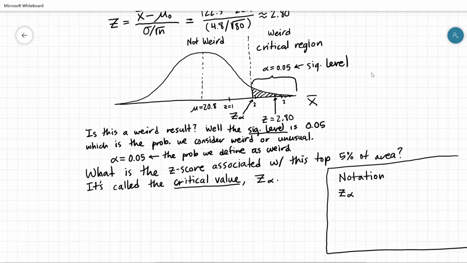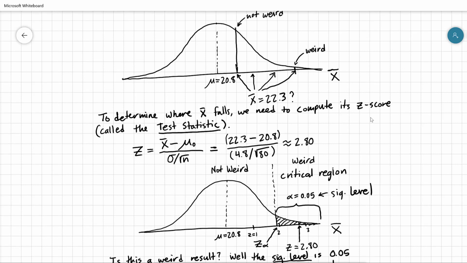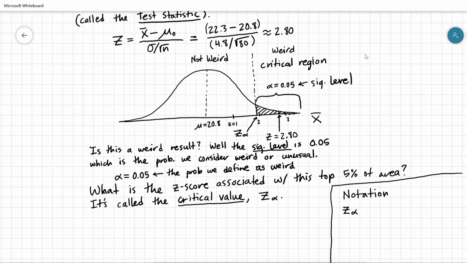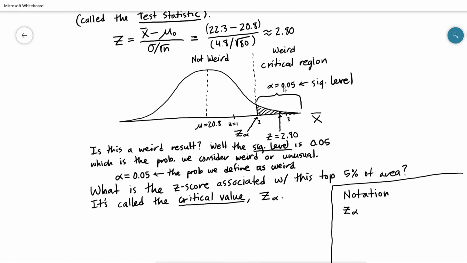But this was a right-tailed hypothesis. It's possible to have one of the two other forms that we've talked about. It could have been a left-tailed or a two-tailed hypothesis. If it was left-tailed, this would be the region that we would be considering weird, over in the left tail. And instead of using z sub alpha, it would be the same z-score to cut off this mirror image region, except we've talked about it before.